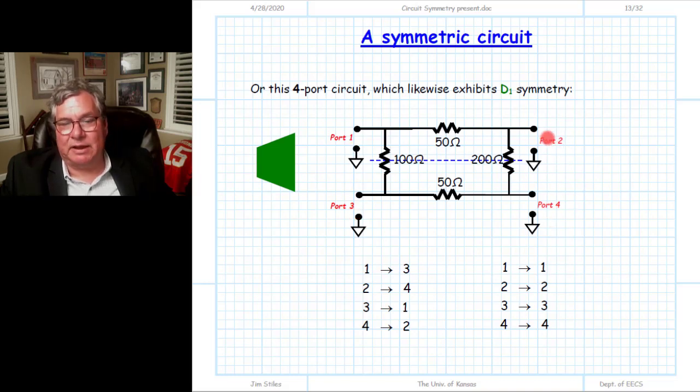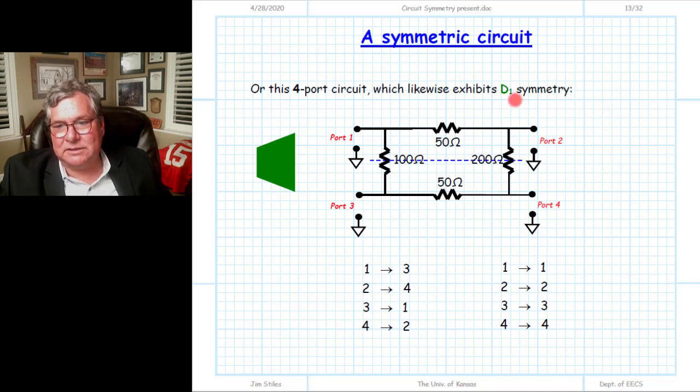And when we do that, we find we have the same circuit as we started with. We couldn't tell the difference if we erase the port definitions. They look precisely the same. 50 ohm resistor here, 50 ohm resistor there, 100 ohm on the left, 200 on the right. That's true after applying each of these 2 operations, and therefore this is described with a group of order 2.